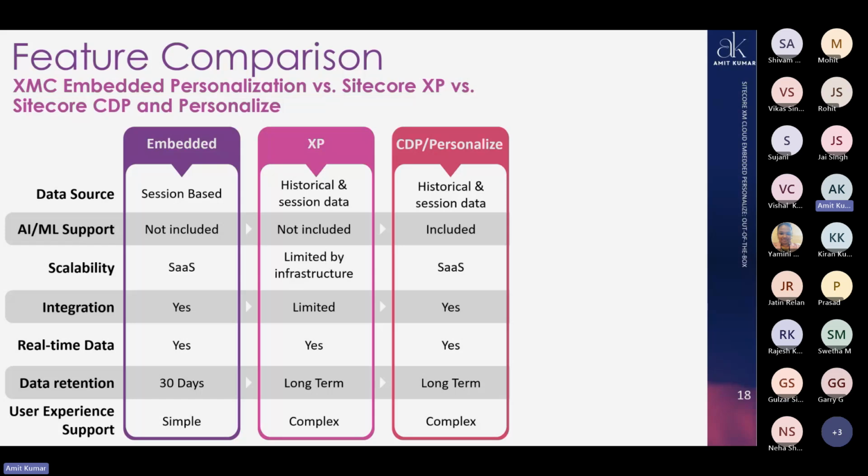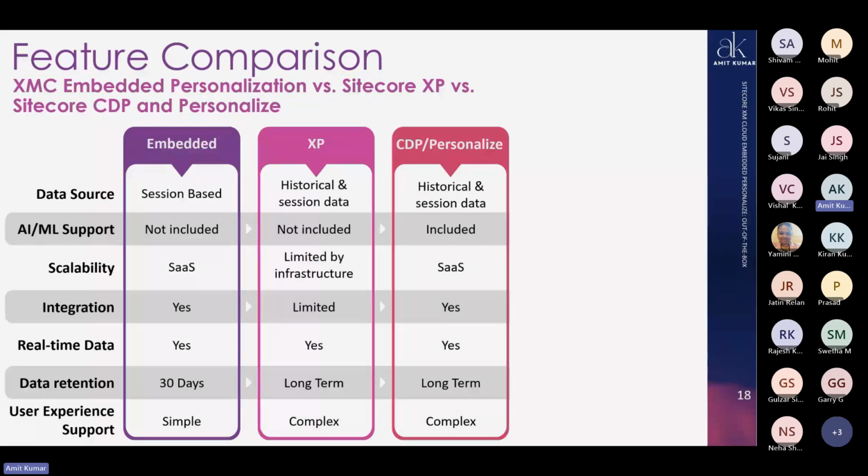CDP and Personalize are complex because for complex conditions or use cases, you need to implement your own personalization source in Personalize and also write code in Sitecore Personalize. That's why it's complex to use unless you are well versed in those things.